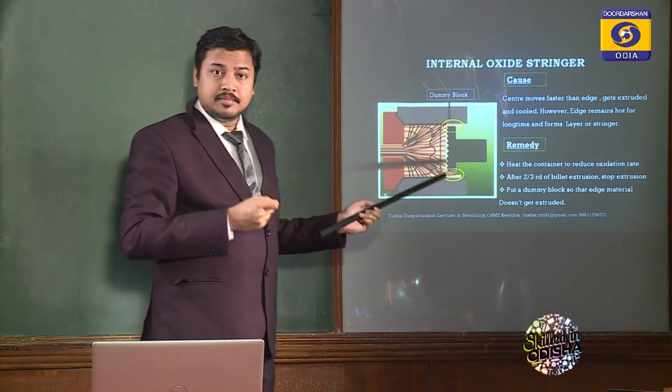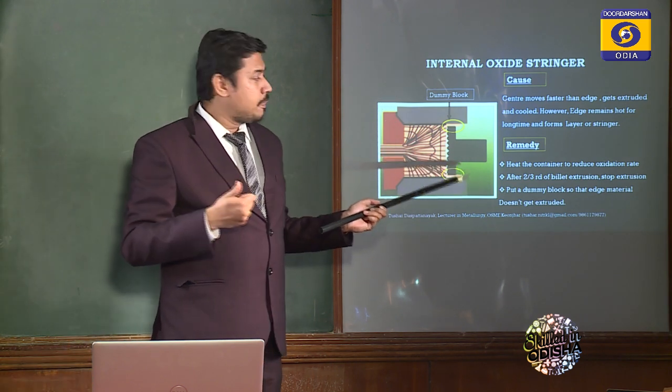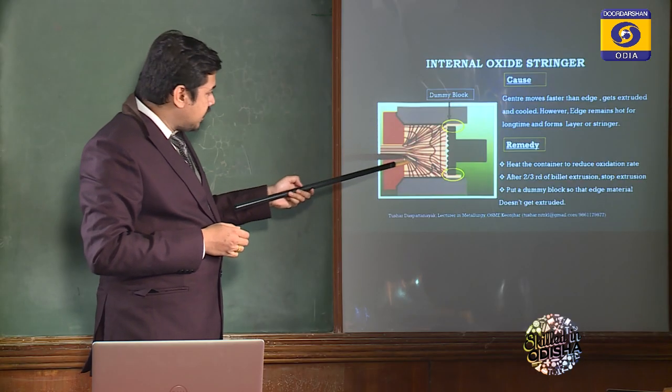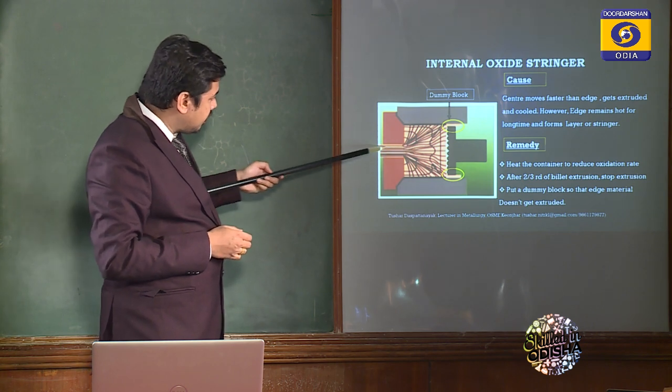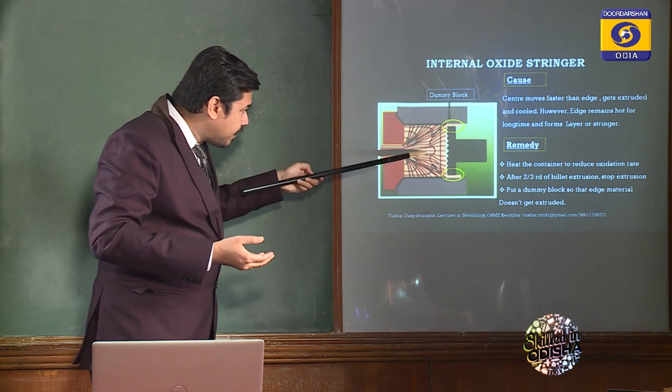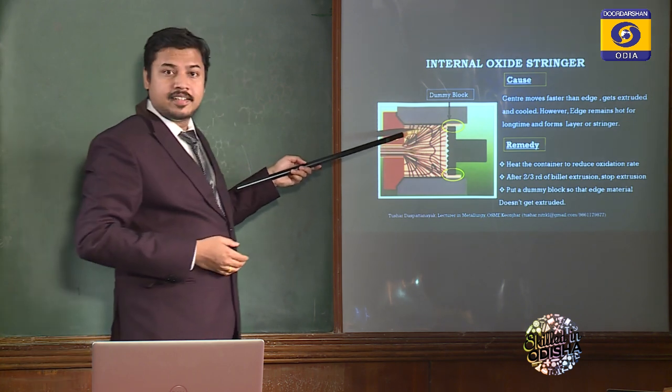How does it form in case of extrusion? As the force is applied from the back side, the center material comes out early, then the edge material.